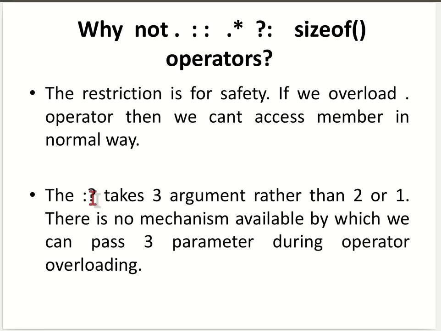And for this question mark colon, there is a small mistake. It is a ternary operator that accepts 3 arguments rather than 2 or 1, and there is no mechanism available by which we can pass 3 parameters during operator overloading.